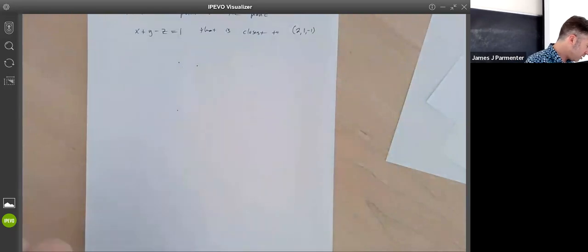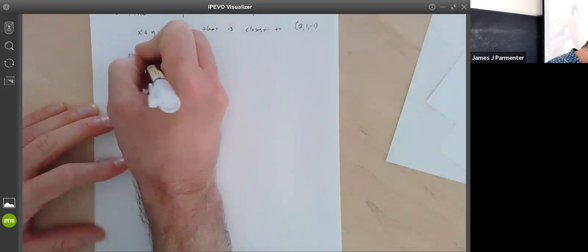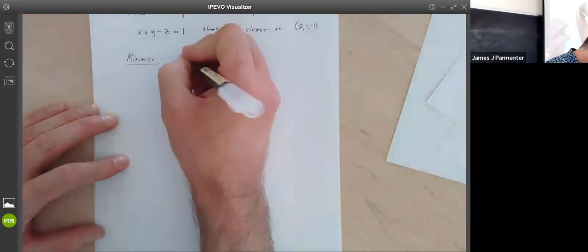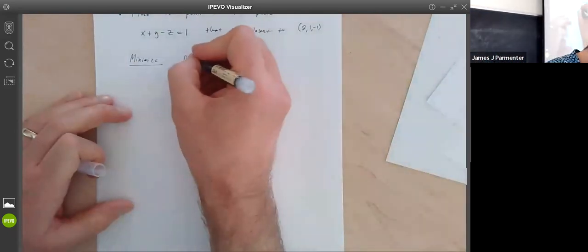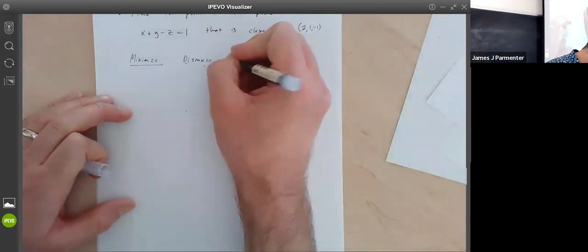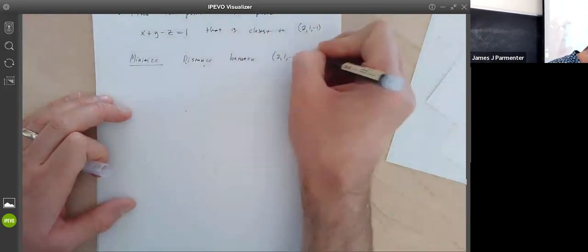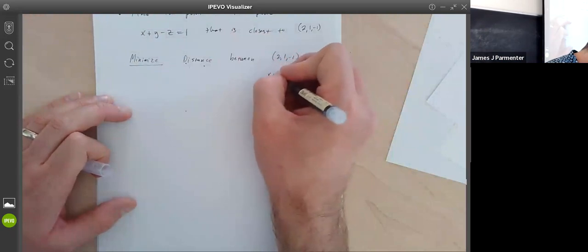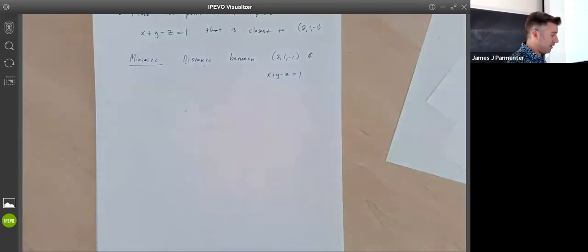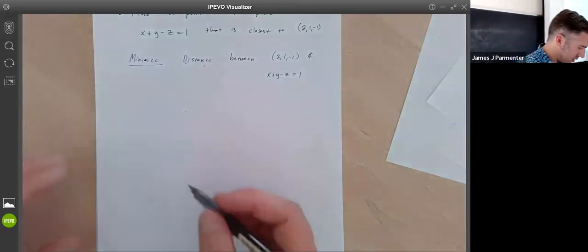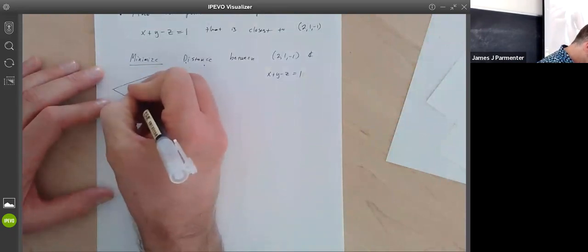So to do this, we want to minimize the distance between the point 2, 1, negative 1, and the plane x plus y minus z equal to 1. All right, well, we know how to find the distance between 2 points. So we're going to say there's some point on the plane that is the closest point.